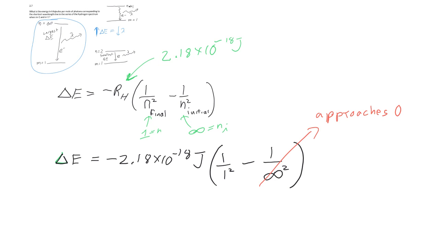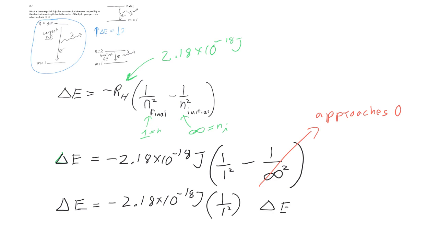So that is said to be approaching 0, which means we can treat it as such for our purposes. So that gives you a difference in energy equal to negative 2.18 times 10 to the negative 18th joules times 1 over 1 squared, which is 1, which means that your difference in energy is equal to 2.18 times 10 to the negative 18th joules.